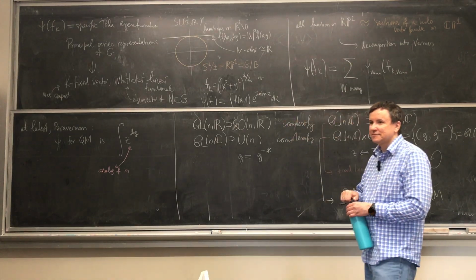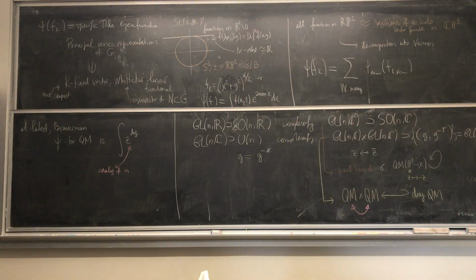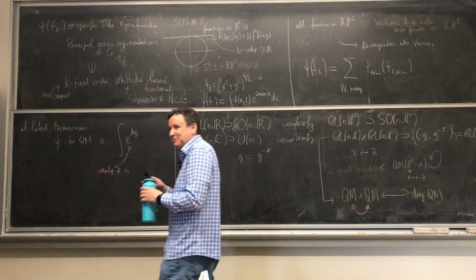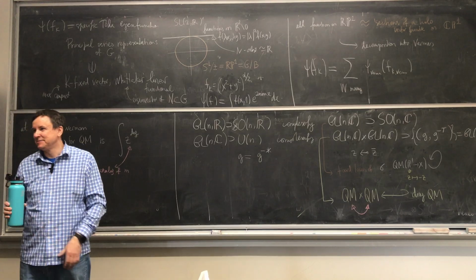Say again? Like if I want to get back the real situation. Our representations are in cohomology of something, right? So of course you can take the cohomology of real Quasimaps, but I'm not sure what that is.